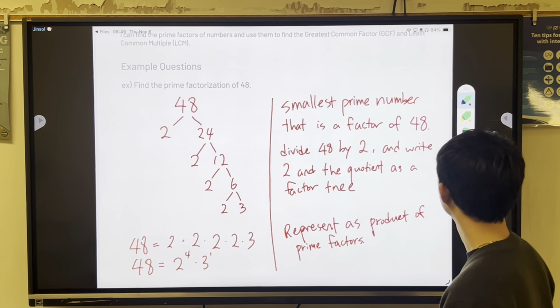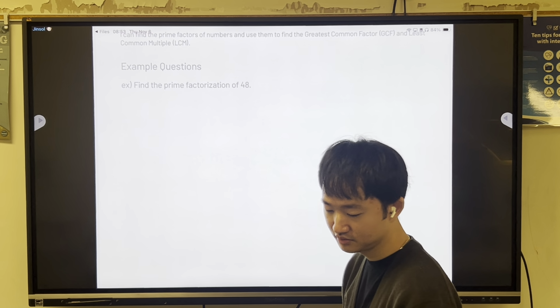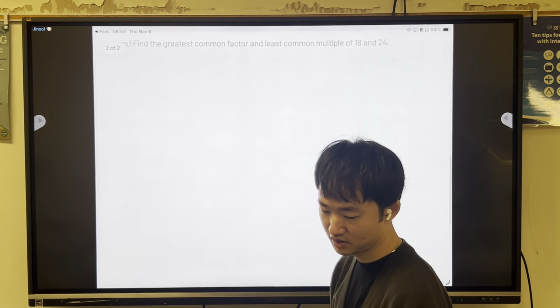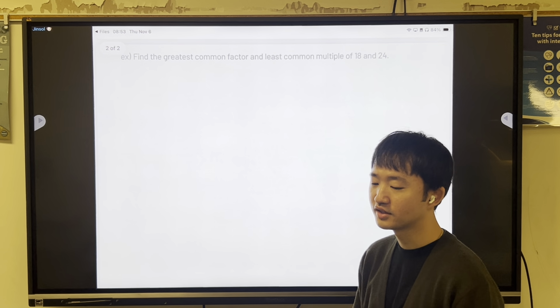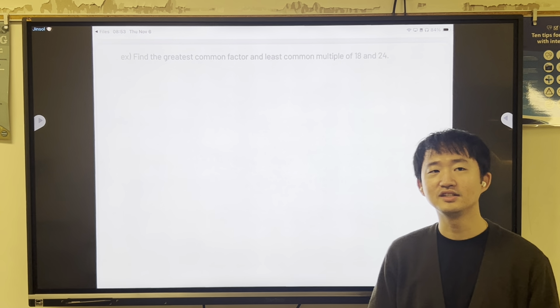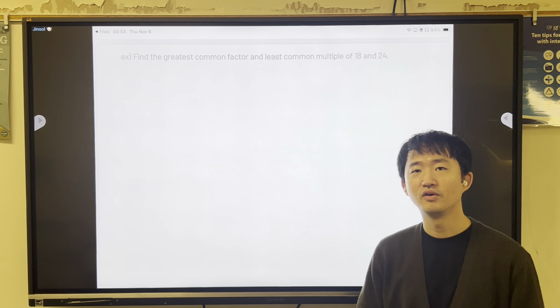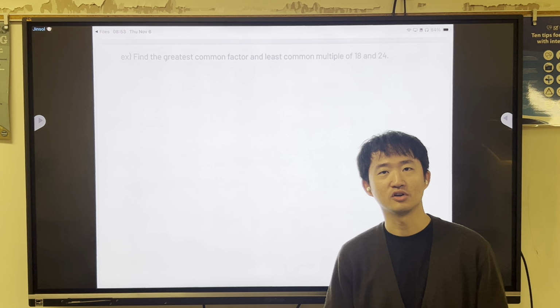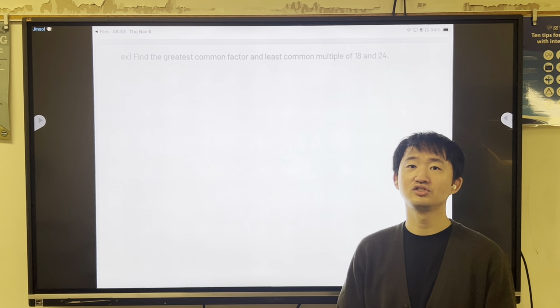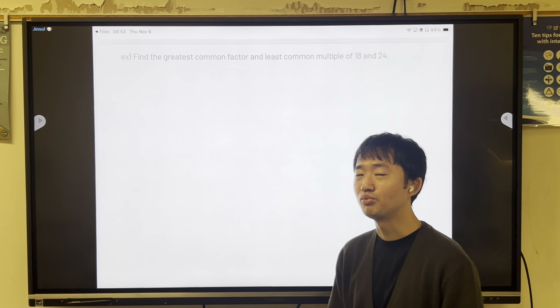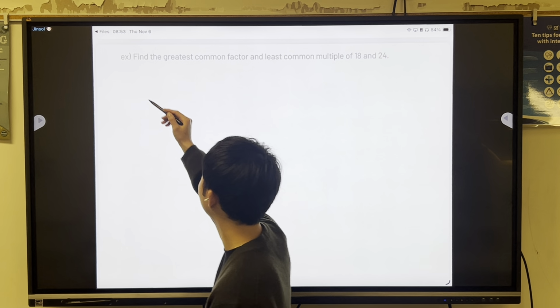Now let's move on to the second example question. Find the greatest common factor and the least common multiple of 18 and 24. For these problems, we're first going to start off by prime factorizing each of the numbers. So let's prime factorize 18 and 24 separately.